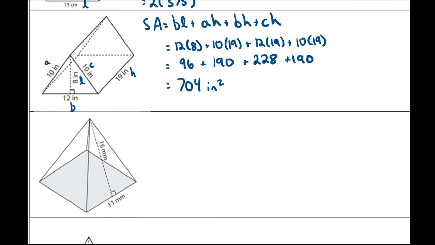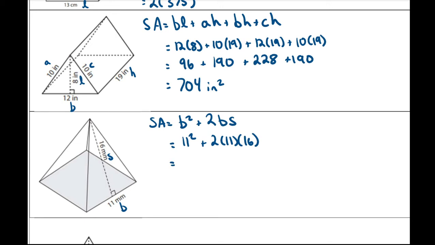For our square base pyramid, if we look at our formula sheet, surface area equals B squared plus 2 times B times S. So again, in this case, B is the base of our pyramid and S is the diagonal or the height of the triangle on the side. So in this case, 11 squared plus 2 times 11 times 16.